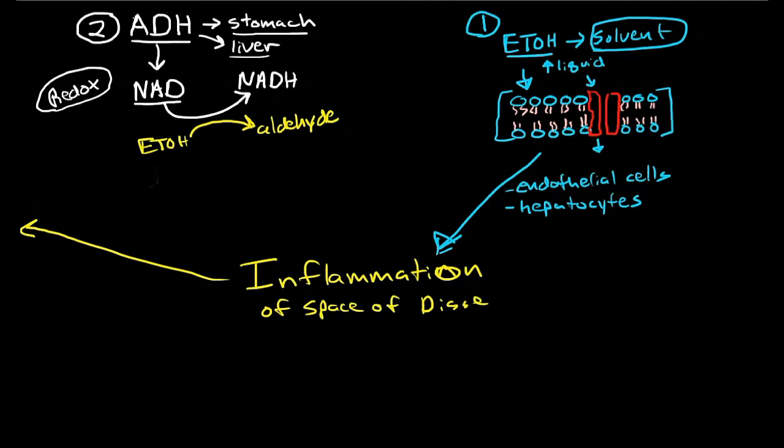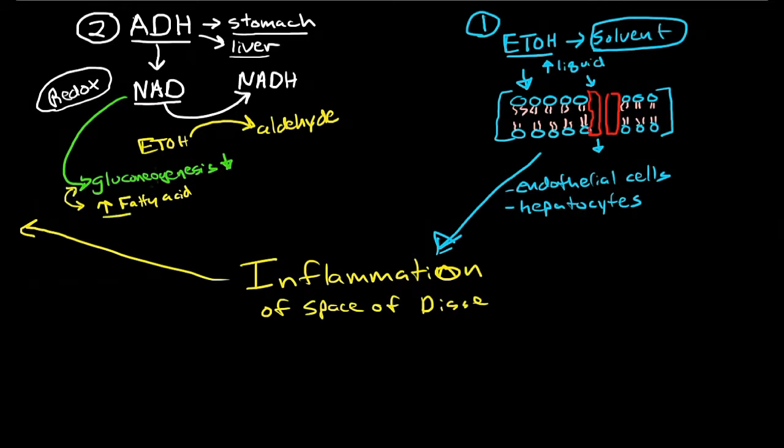But what I do want you to be aware of is that this NAD coenzyme is also very important for a lot of other things in the liver, one of which is gluconeogenesis. So when we ingest large amounts of alcohol, we end up suppressing gluconeogenesis, and this causes the liver to increase fatty acid production, so that the body still has access to energy substrates.